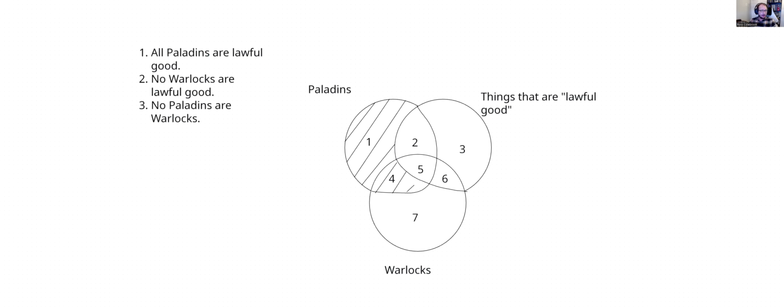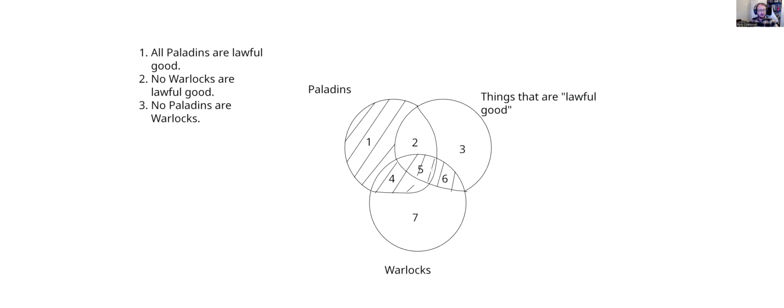Okay, so a lot of you guys got this though, which is good. The correct answer here is 5 and 6. This whiteboard tool leaves something to be desired, but 5 and 6 is the correct answer here, right?